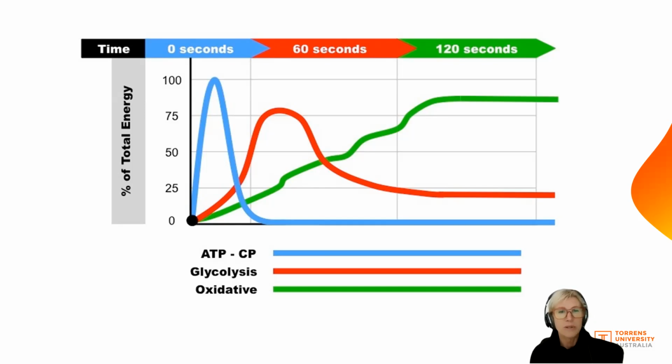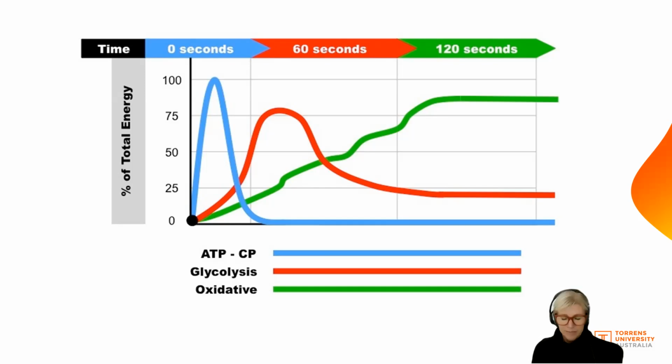It's not possible. You'll start to diminish. You won't be able to get that same height and intensity. So typically, activities that last 10 to 15 seconds will be using this particular energy source, but it needs to be of a high intensity.